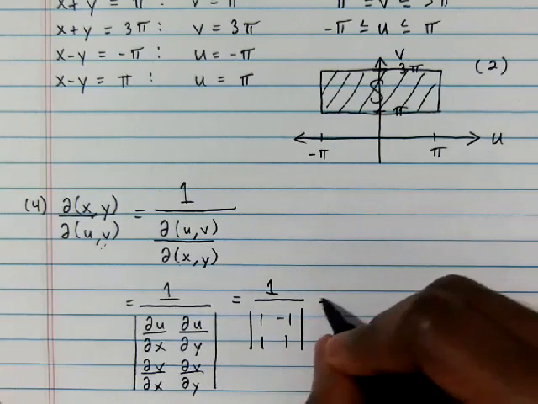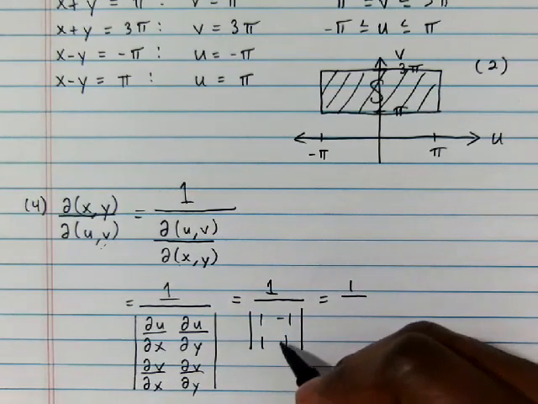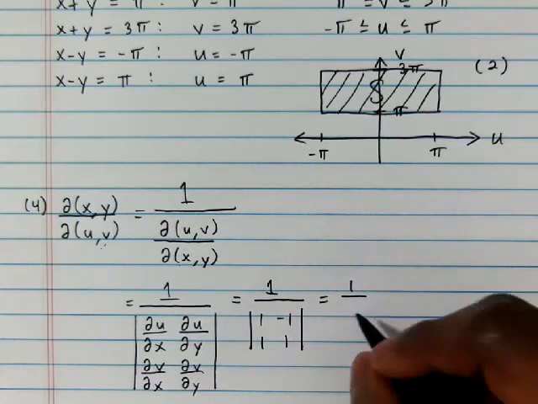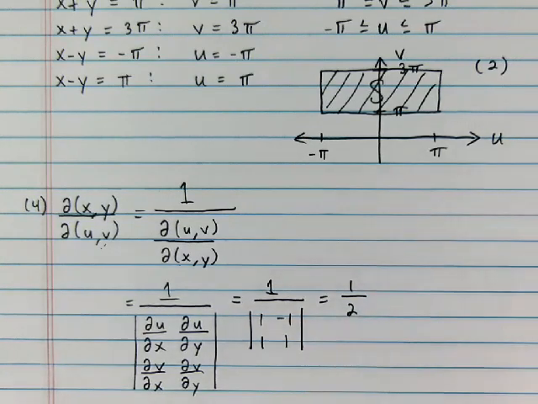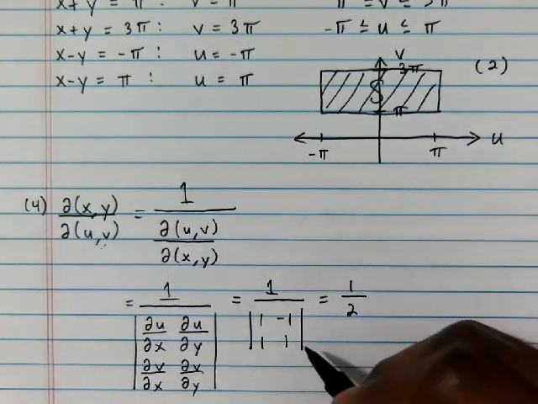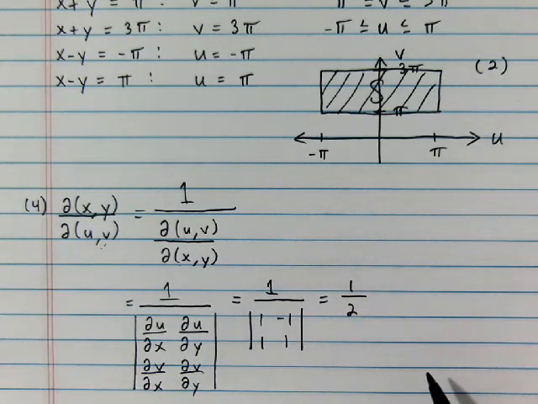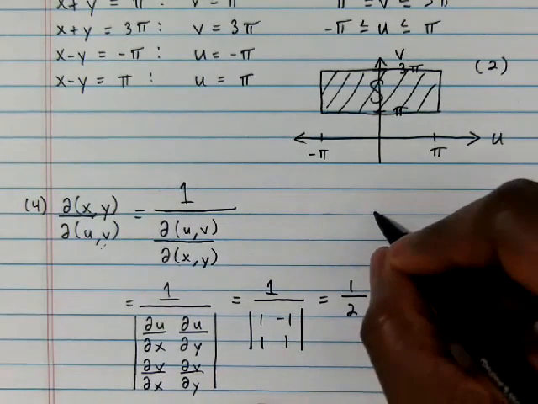So this is 1 over 1 minus the negative 1, which gives us 2. So that's our Jacobian.